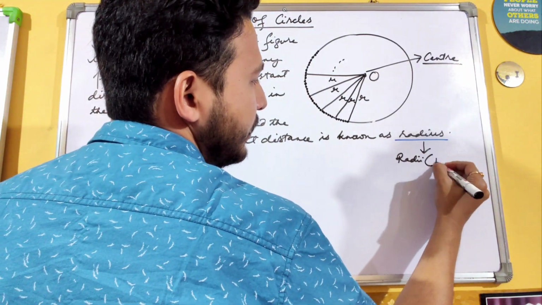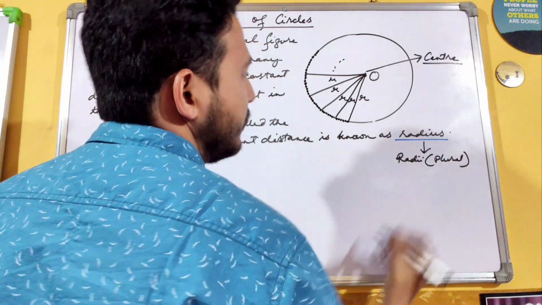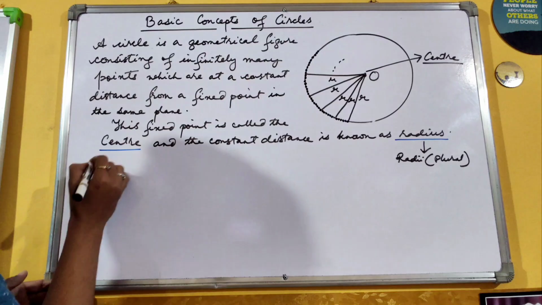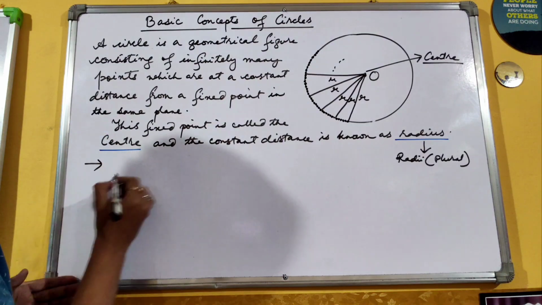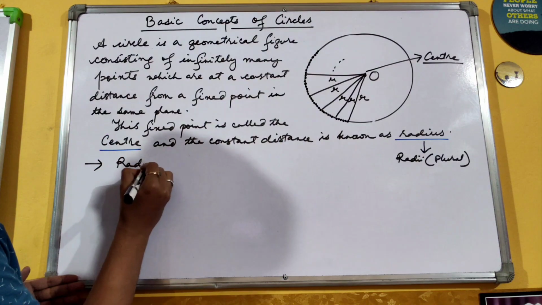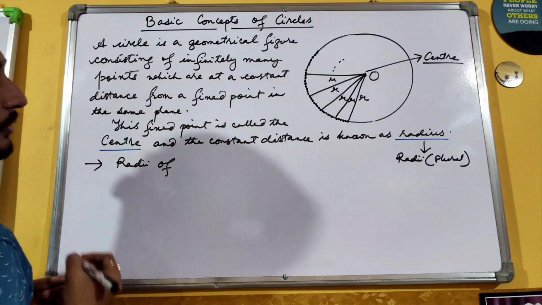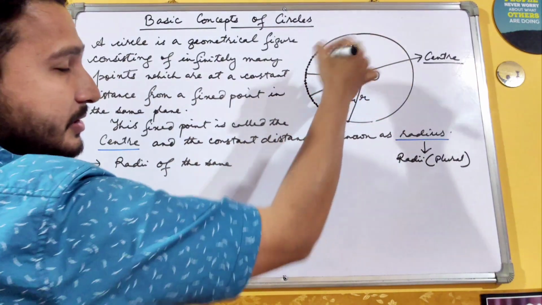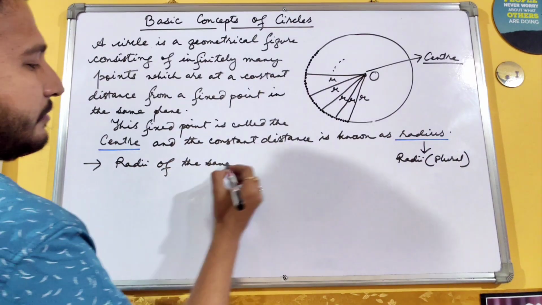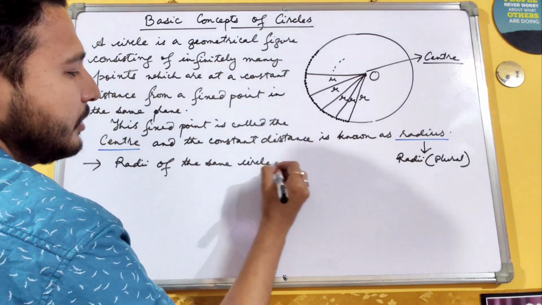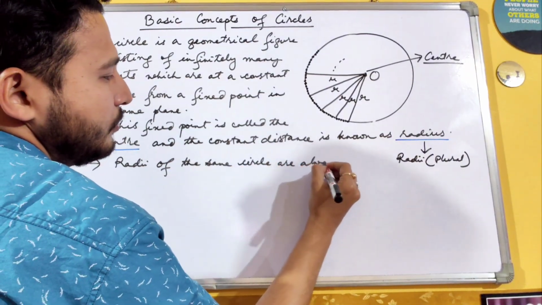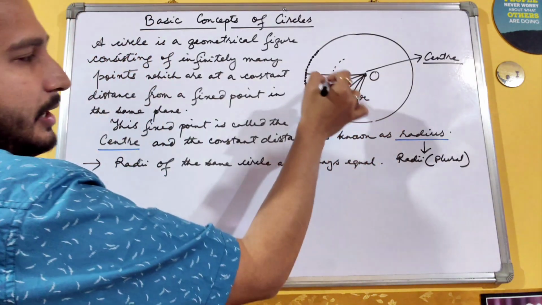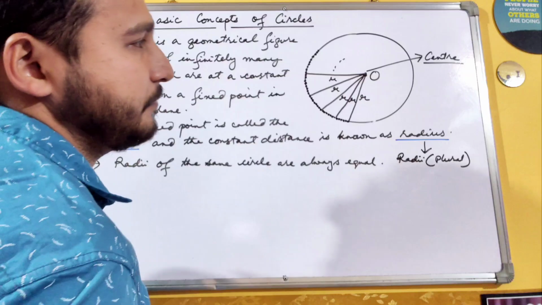Always remember that radii of the same circle are always equal. So R, these are all equal.